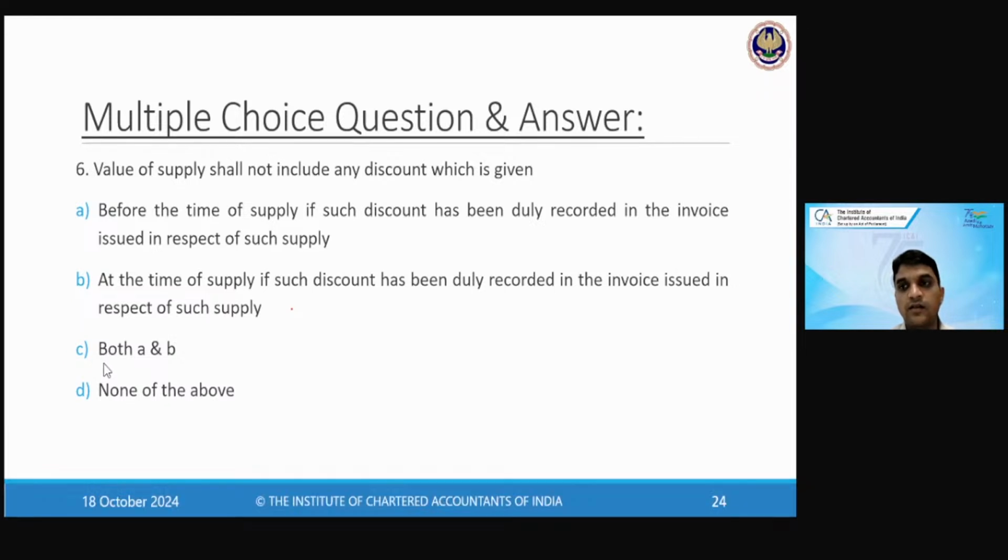Six, C, correct. Before or after, but it should be duly recorded.